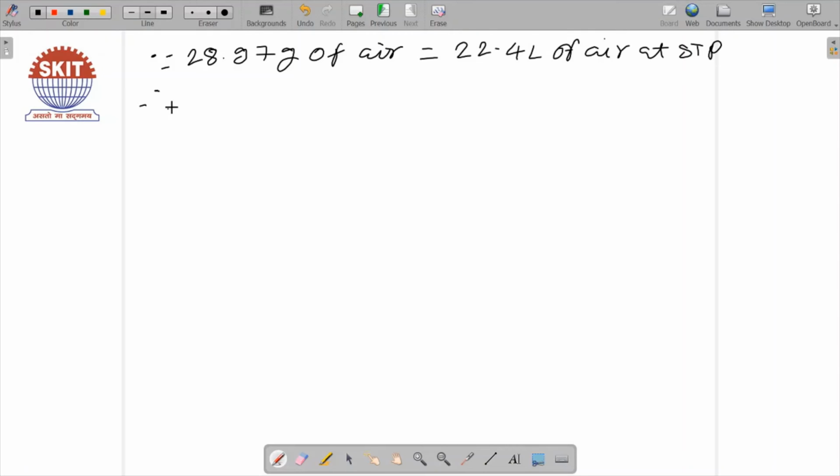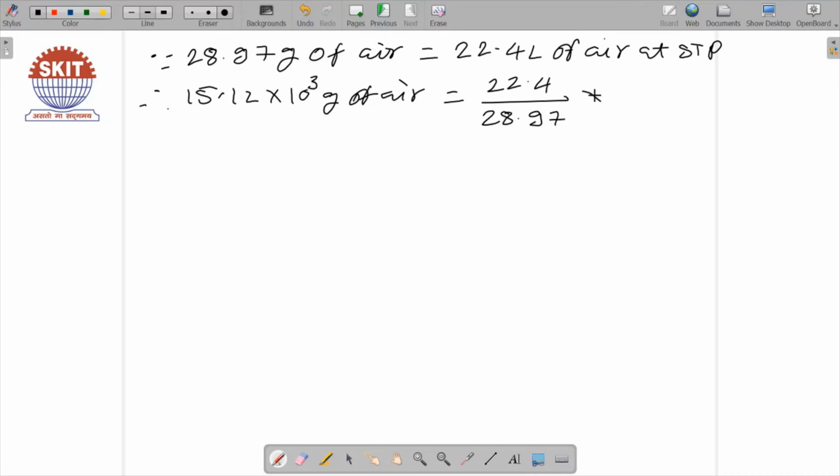So 15.12 into 10 to the power 3 grams of air will be equal to 22.4 divided by 28.97 multiplied by 15.12 into 10 to the power 3.